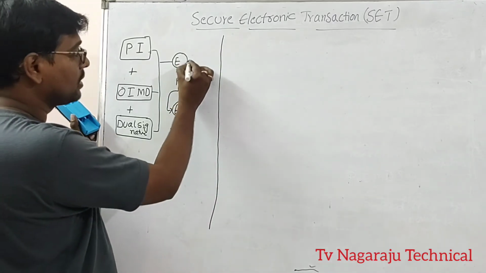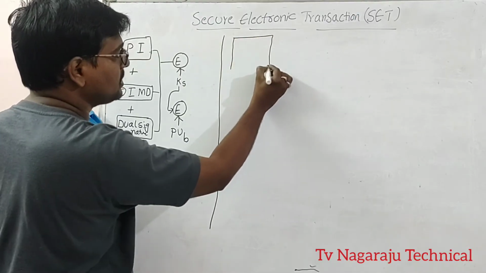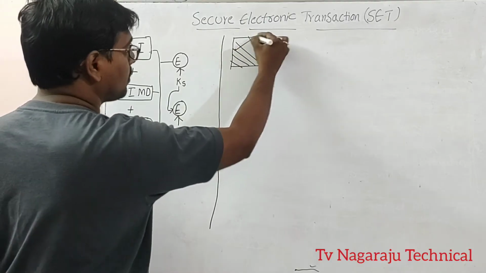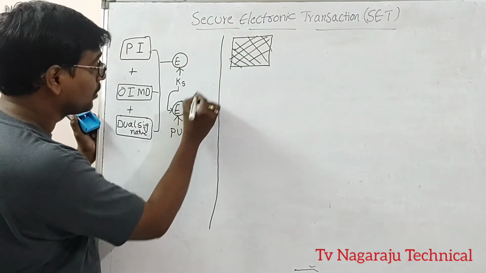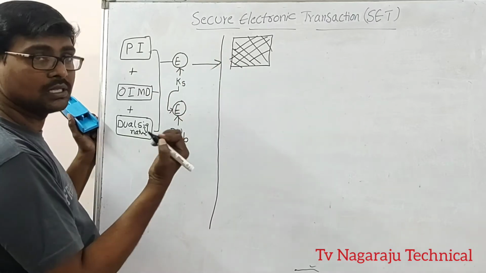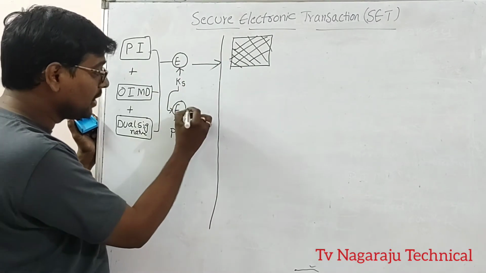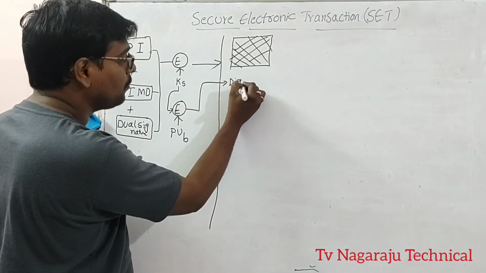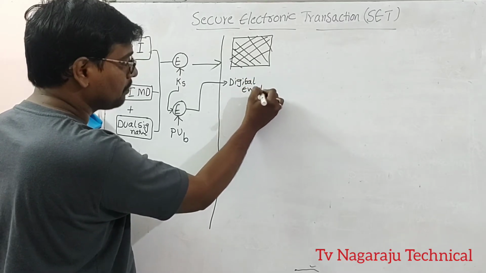Now what are the steps after encryption? It receives some message like this. Now, this is the step. Whatever secret key you encrypted, that is in the form of a digital envelope.